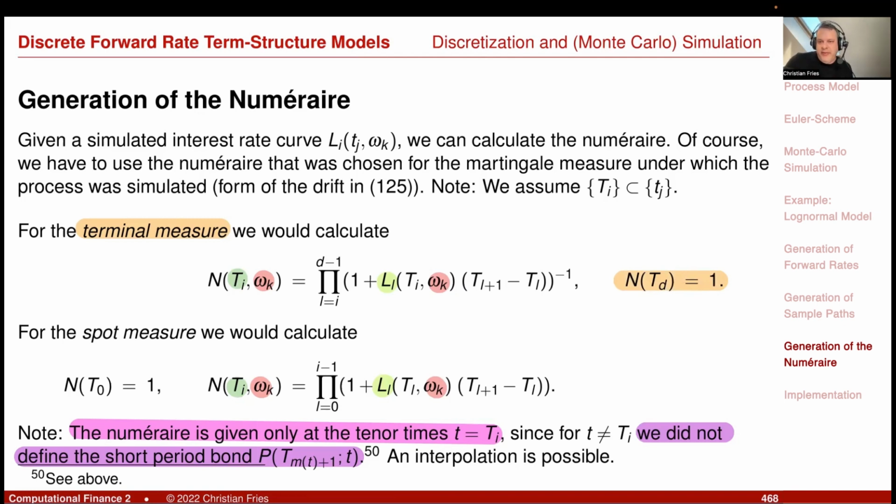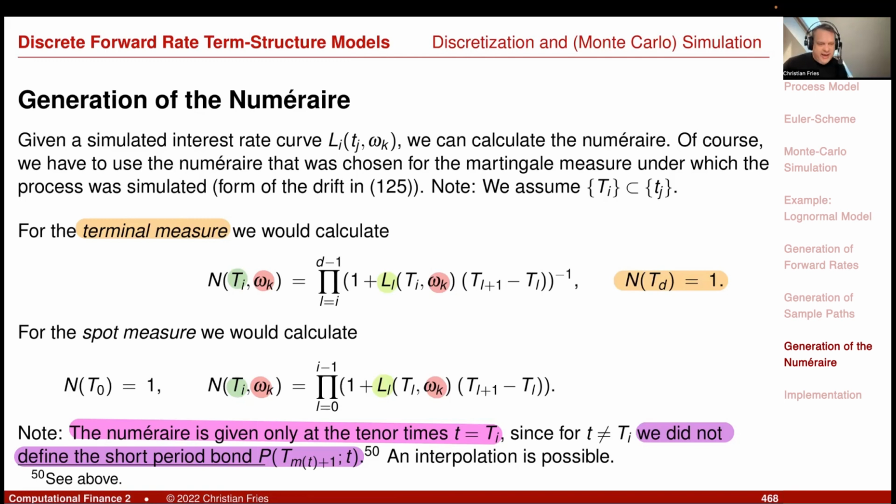So it's 1 divided by 1 plus L times time period length, delta L, multiplied to that value to get to earlier values. Okay, so that's discounting. This gives me the numeraire at earlier times.